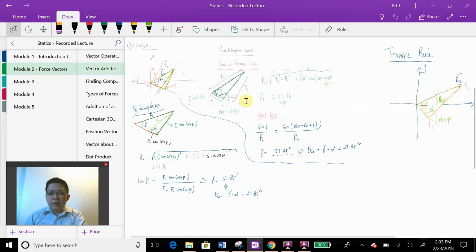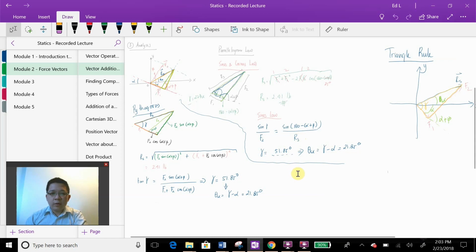Okay, since the triangles are exactly the same between the one sketched by the triangle rule and the parallelogram law in here, you can calculate Rs and theta sx following the same process using the sine cosine law or Pythagoras theorem as shown before.